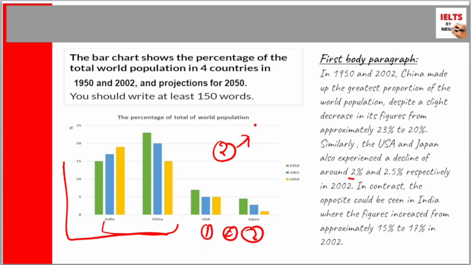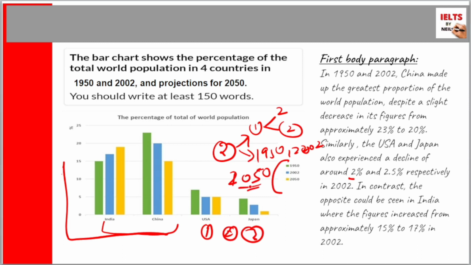For example, in the first paragraph you can talk about 2 countries, and in the second paragraph you can talk about another 2 countries. Or there's one more method which you can do, year wise. The 3 years are given here, so you can talk about 1950 and 2002 in one paragraph, and 2050 in the next paragraph.